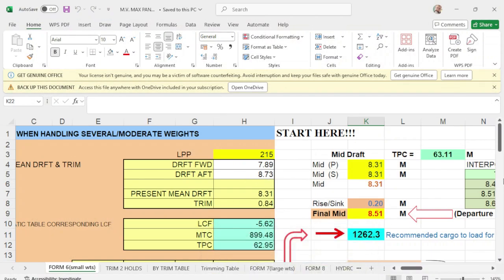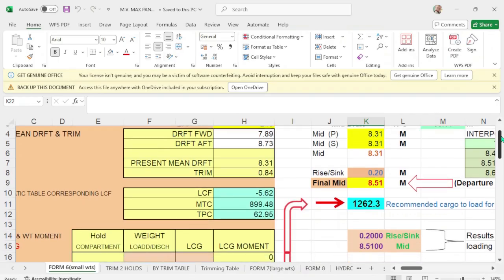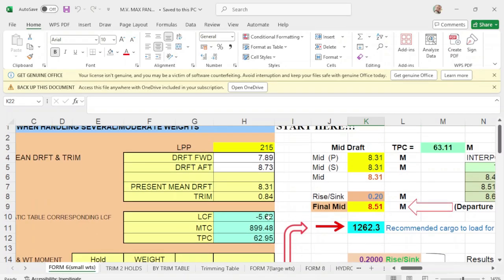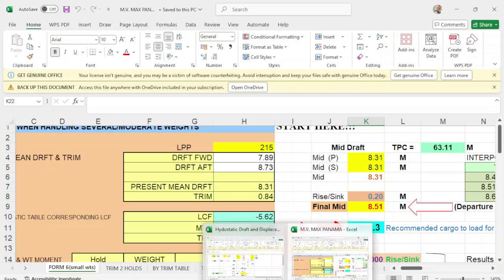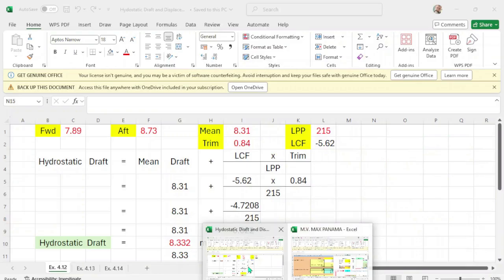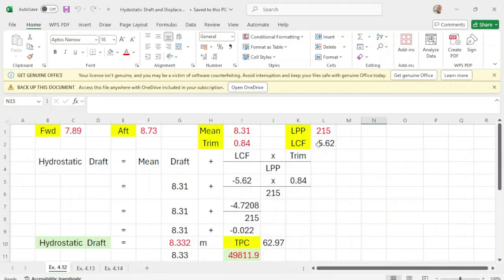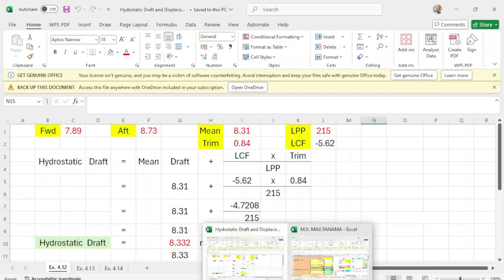You got your mean. And this will be your LCF. LCF is negative 5.62. Or, you want to see the program.